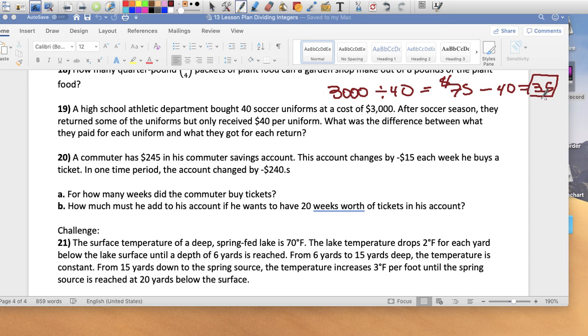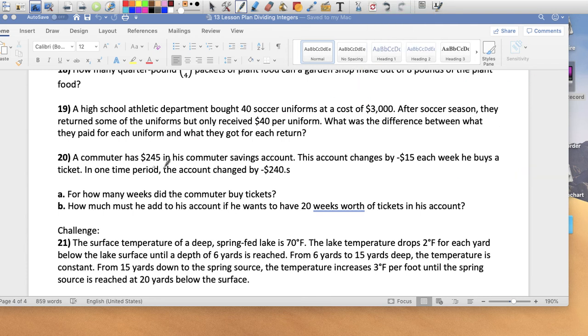The difference paid was $35 from what they got in return. So $35 times 40, right? Because they got that, sorry, $35 times 40 was $1,400, right? So they spent $3,000. At the end of the season, they got $1,400 back, which means they actually spent $1,600. Okay.